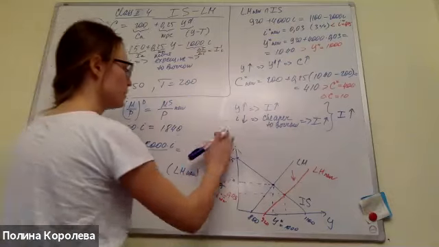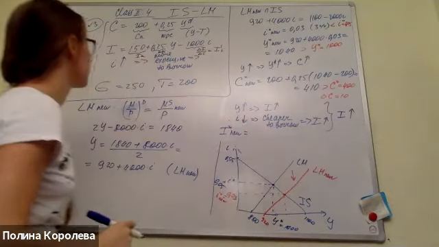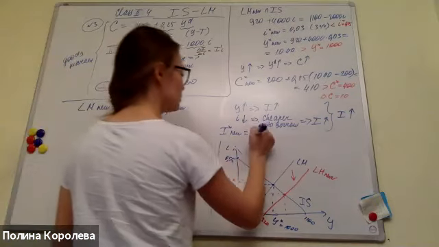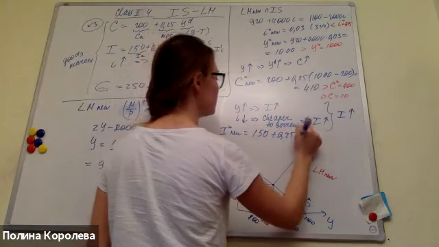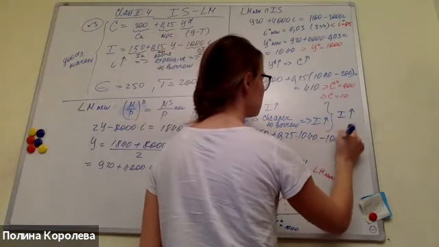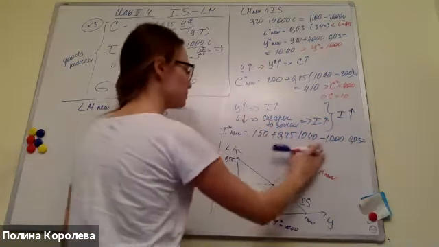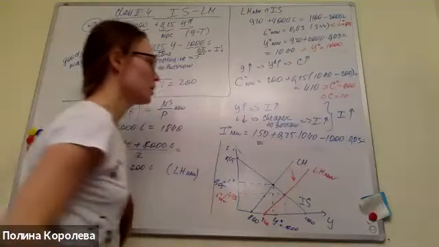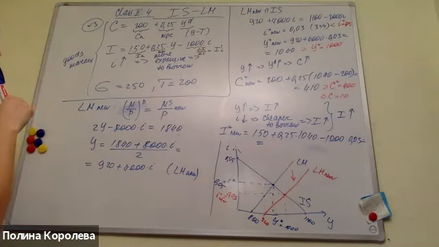And let's check. The new investment level is 150 plus 0.25 times 40 minus 1000 multiplied by 0.03. It should increase by 30, but I don't remember what it was before.